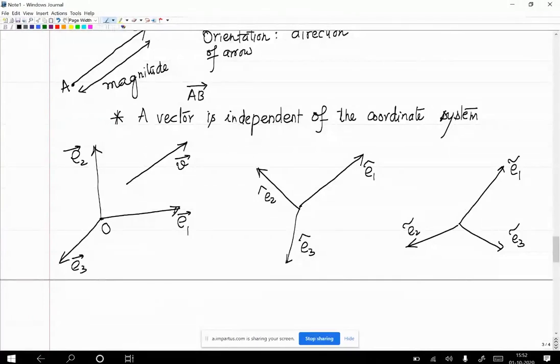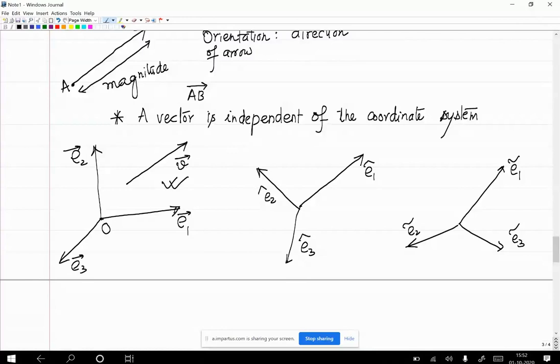And from each of the coordinate systems, you are watching that vector V. As you change the coordinate system, the vector V is still suspended in the room at the same location. Nothing happens to the vector when you change the coordinate system. So that's what we mean to say that a vector itself is independent of the coordinate system.